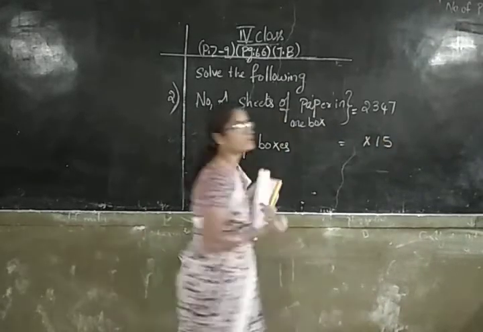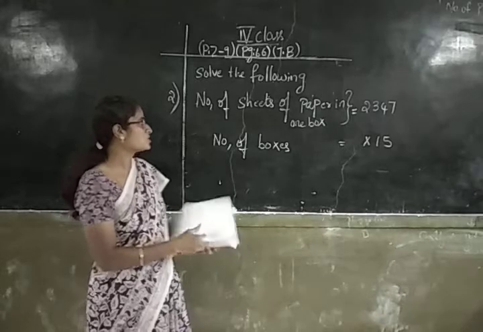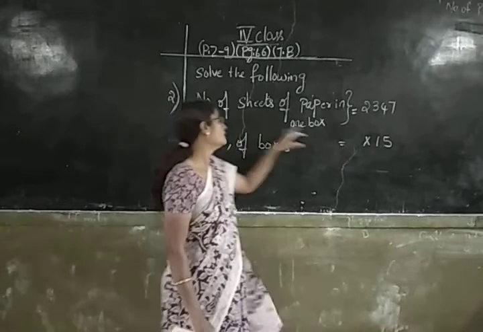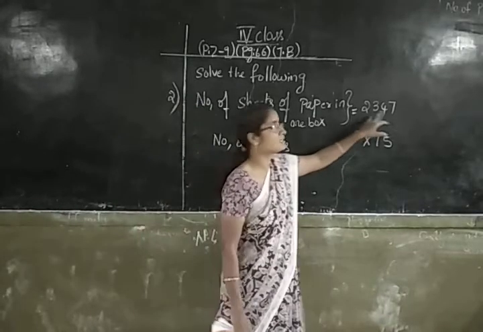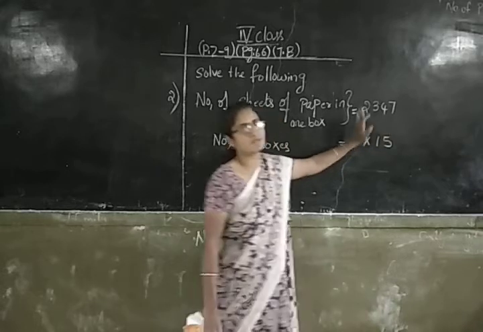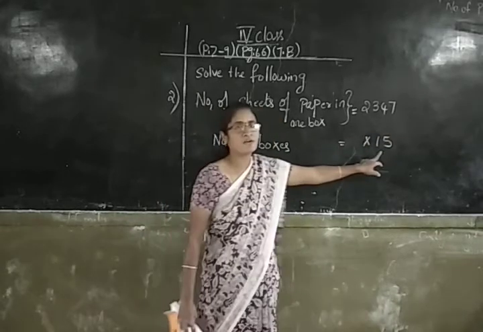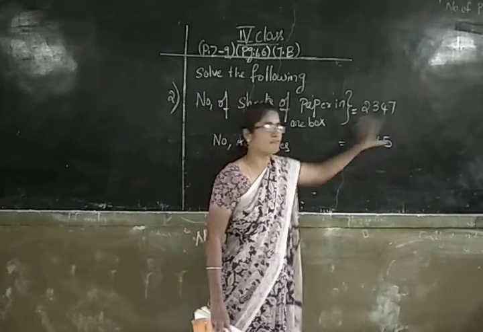So here also we have to use the operation multiplication because it is given that there are 2347 sheets of paper in one box and we have to find out the number of sheets of paper in 15 boxes.